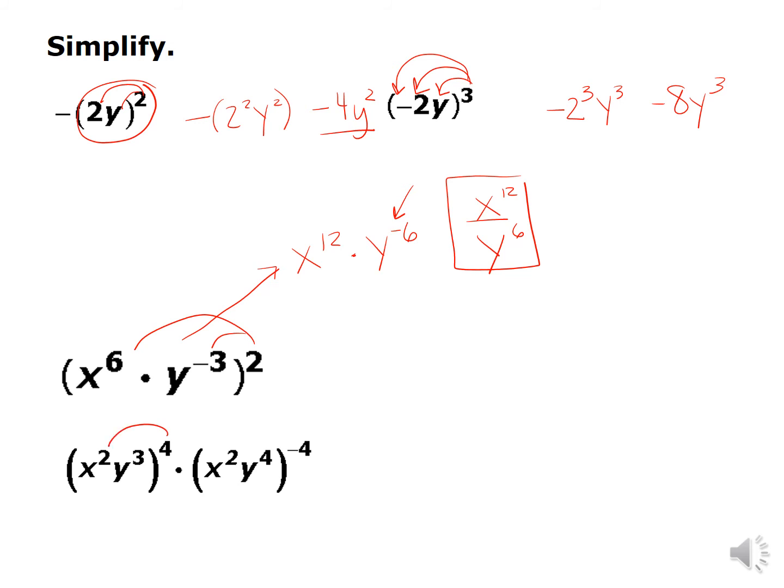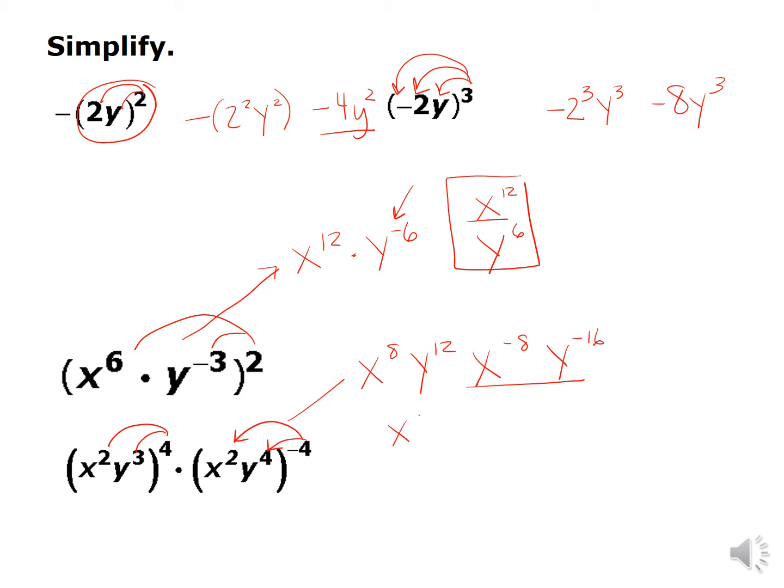Okay, so this one here is going to get distributed. So I'm going to get x to the 8th, y to the 12th. Then I'm going to distribute this. And I get x to the negative 8, y to the negative 16th. So now I'm going to flip both of these because they both have a negative exponent.